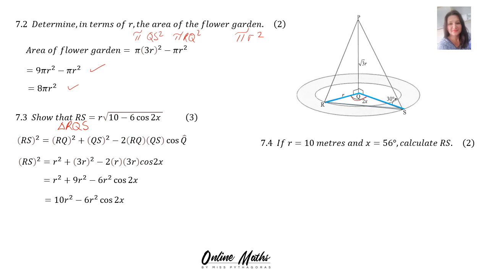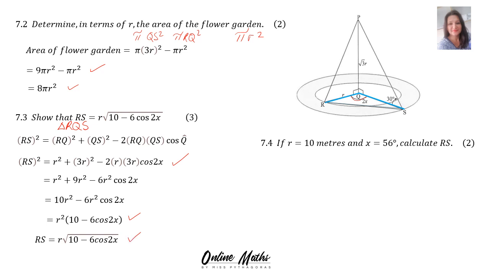Now you can pull out r squared as a common factor, and you're left with 10 minus 6 cos 2x. And then you take the square root and you're left with RS is r root 10 minus 6 cos 2x. Where's the marks? Substitution into the cosine rule, taking out r squared as a common factor, and then the final answer.